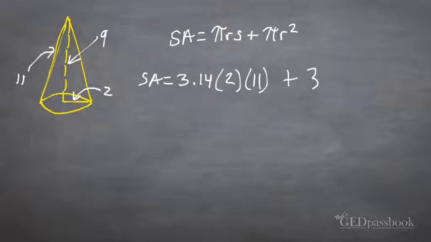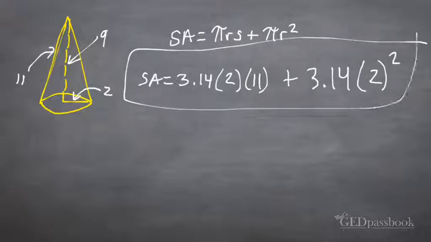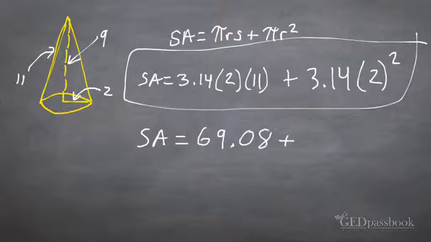Plus 3.14 again, which is my pi, plus r squared, which is 2. Boom! You did it! Now all you got to do is solve. Straight mathematics. What's 3.14 times 2 times 11? Take out a calculator. So, 3.14 times 2 times 11, we got 69.08.